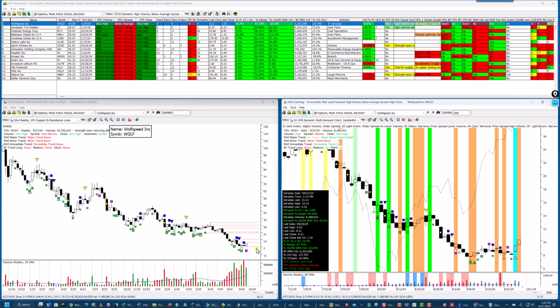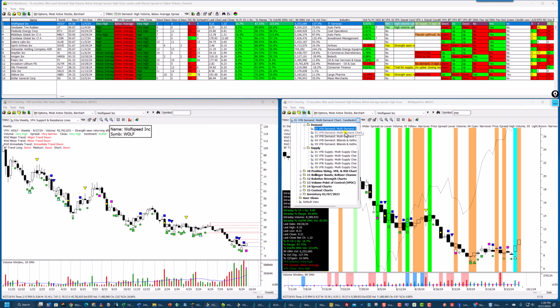You can see that on the weekly chart, but it's also been seeing strong signs of accumulation. I'm going to click on here. Well, I can look up here. Earnings are not due until November 4th, but it looks like maybe this stock wants to go.